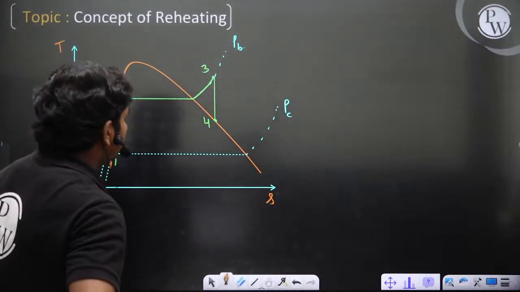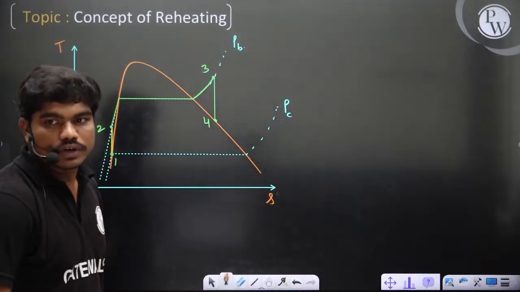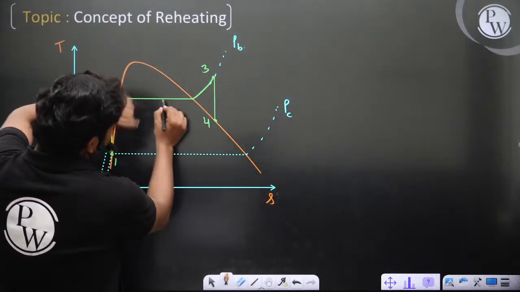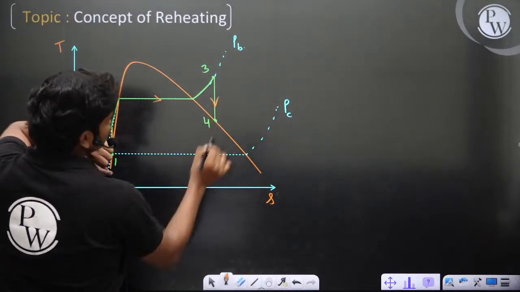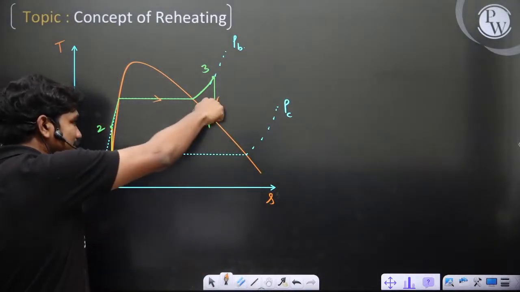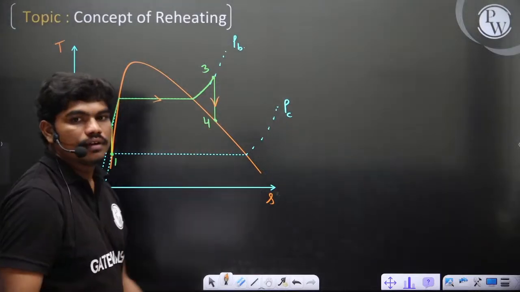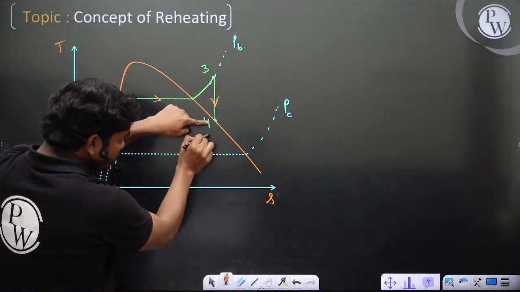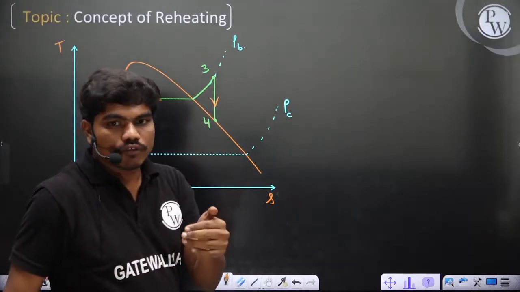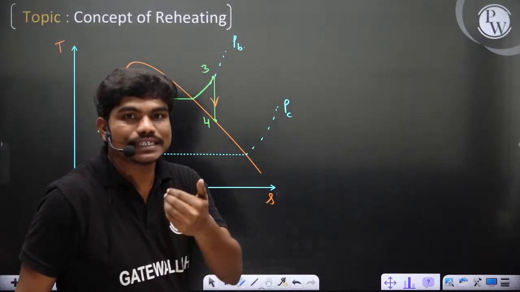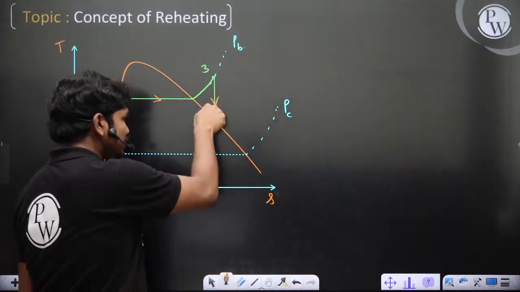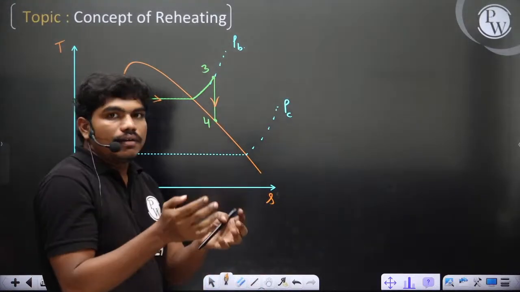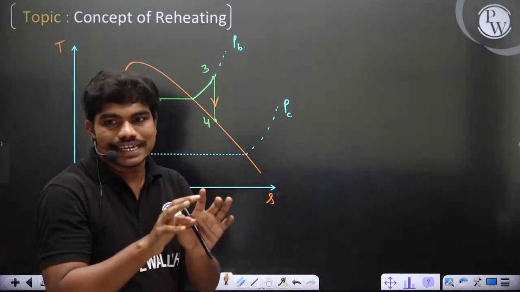Fine. Now see here, if you are expanding this steam from 3 to 4, once it starts entering the dome, the capability of steam to do work decreases, because as the steam expands from here, the liquid content keeps increasing and further expansion cannot happen.